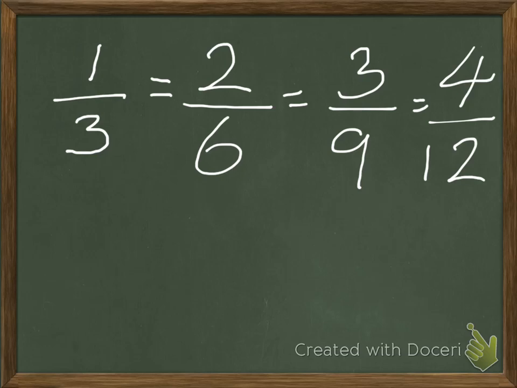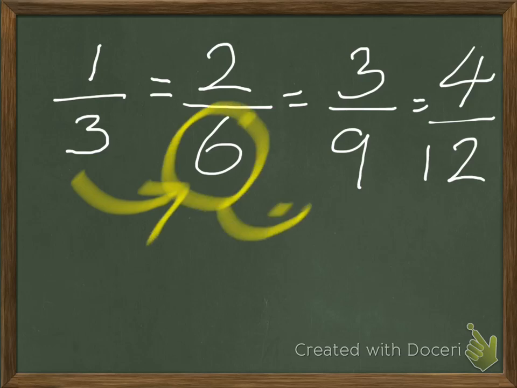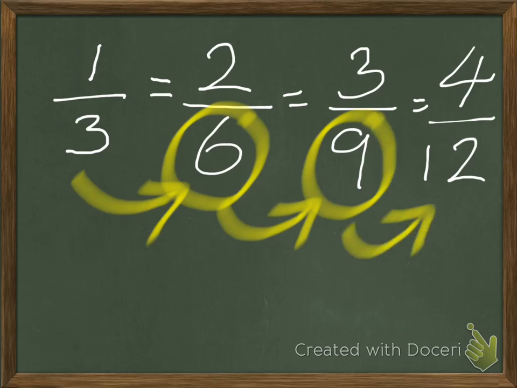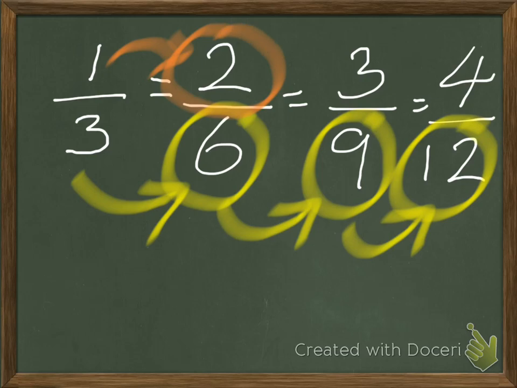Well, if we look at the 3, there is a link to the 6, there's a link to the 9, and there is a link to the 12. Possibly it's also easier to see what we've done with the 1, link to the 2, link to the 3, link to the 4.